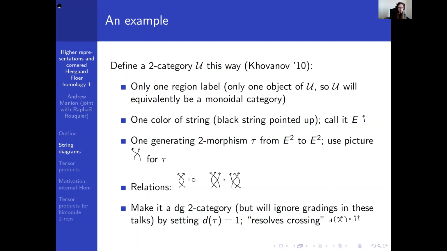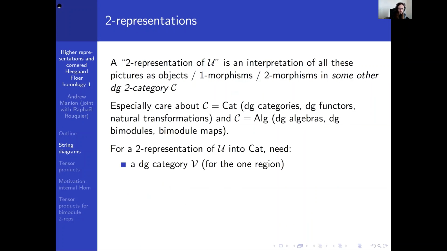And so it makes sense to say not just that I want a natural transformation tau for which these relations hold, but also, in quotes, d of tau equals 1, where that d is the DG two category structure on Cat. It's the differential on a space of natural transformations. So that's what it would mean to have a two representation of this U into Cat.